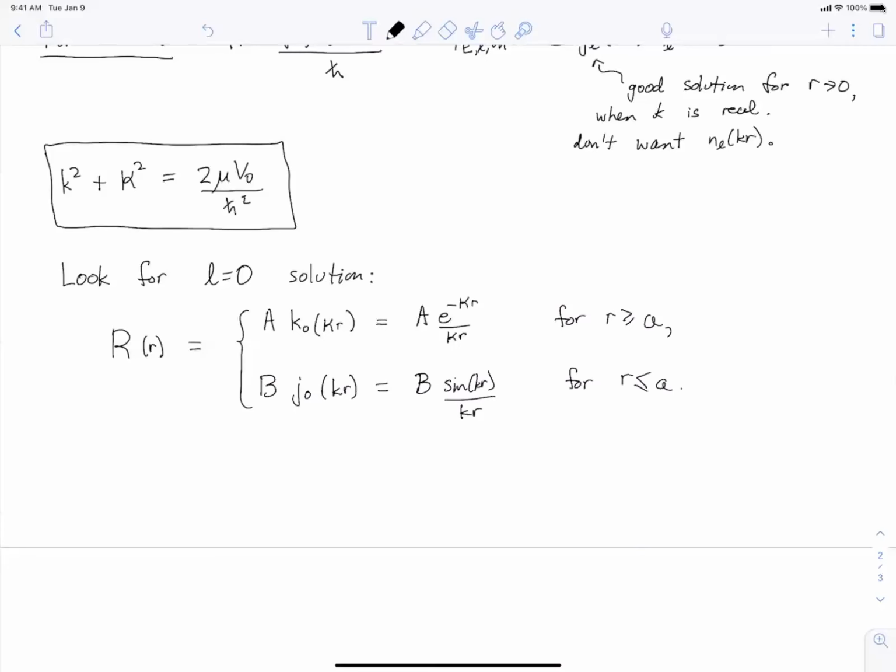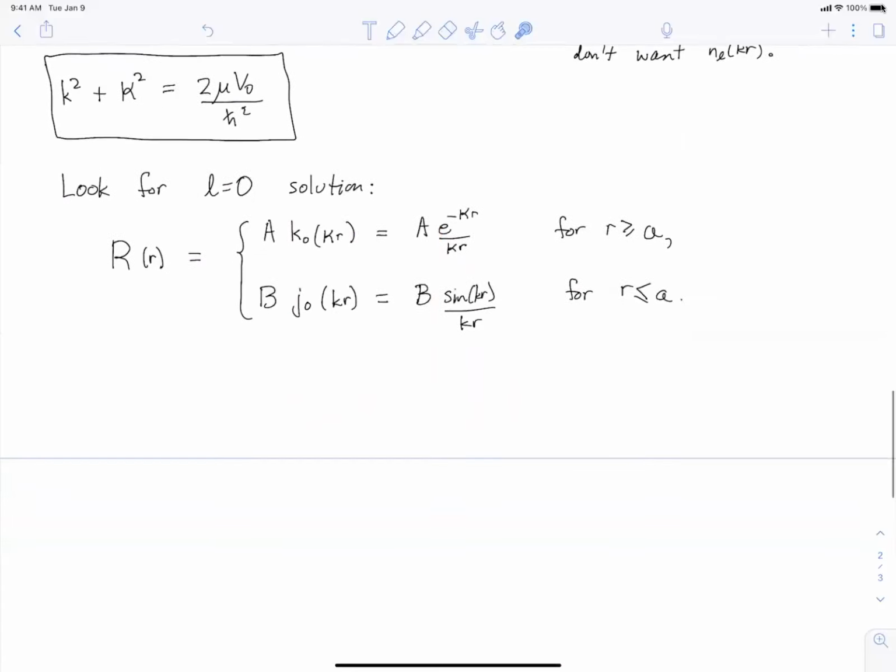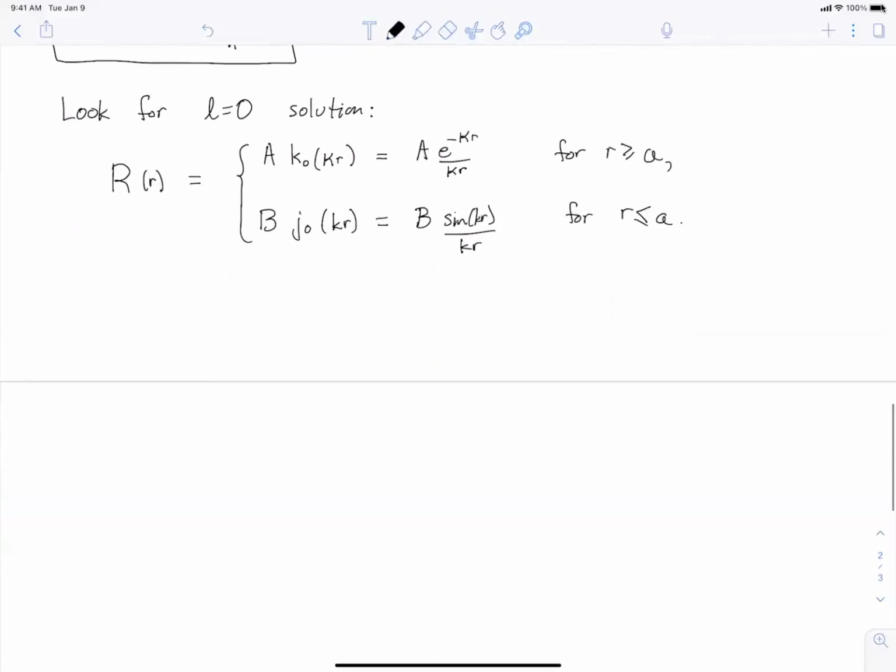Okay, so what have I done? I've just looked up the expressions for the modified spherical Bessel function k0, which is this, and for the ordinary spherical Bessel function j0, which is this. And now we just have to match. We're going to match at r equals a.